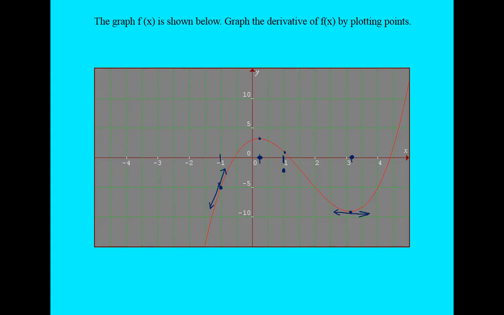And if I was very careful and I extended that tangent line, I could then maybe calculate the slope of that line. If I'm going up 5, I've gone over maybe 1/4. So the slope of that line is pretty steep.